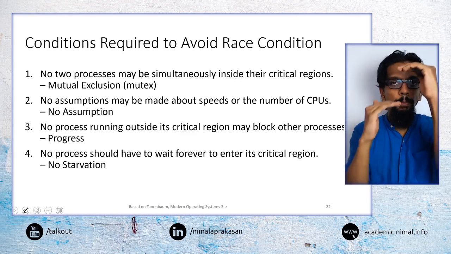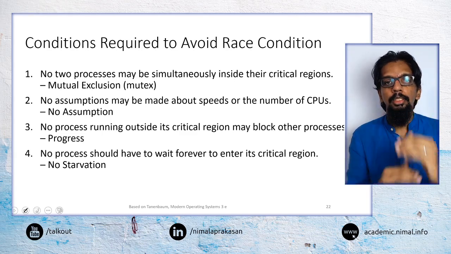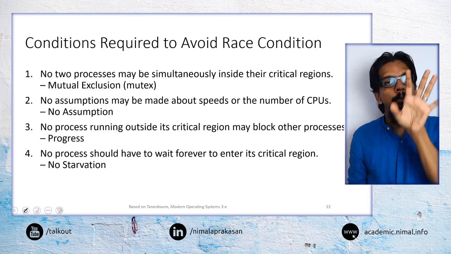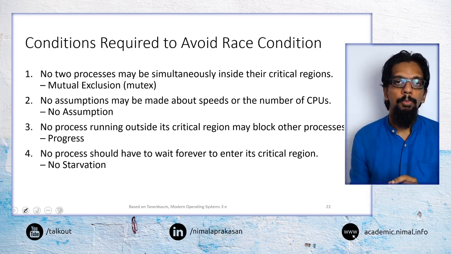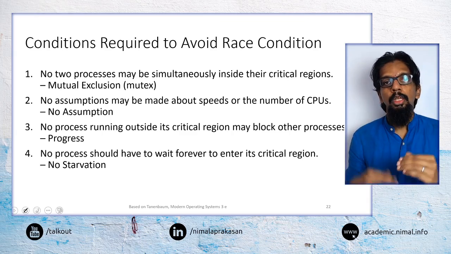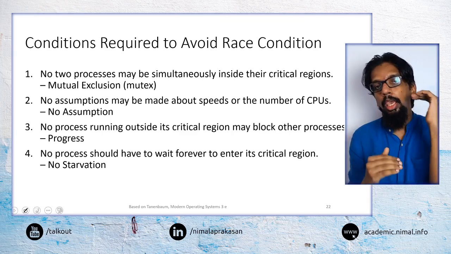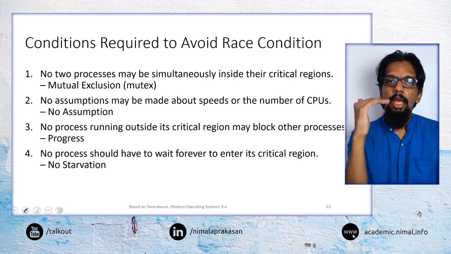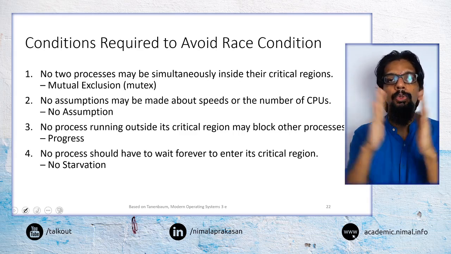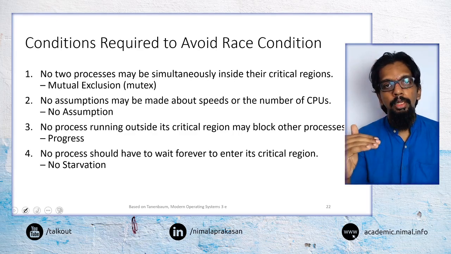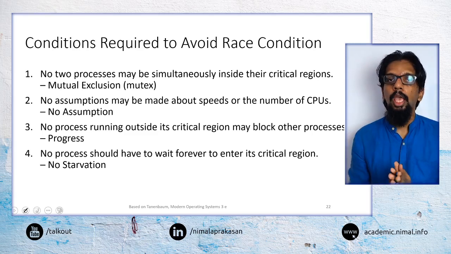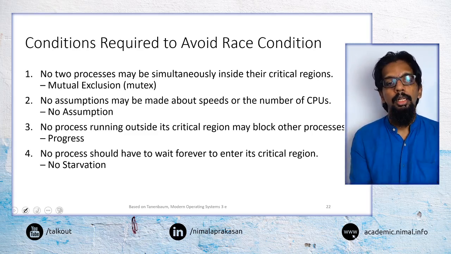If a process is in its critical region, we want that process to complete it before the next process can come. So no two processes can be in their critical region at the same time. That is mutual exclusion. If one process is in the critical region, it has to complete that before another process can enter a critical region.